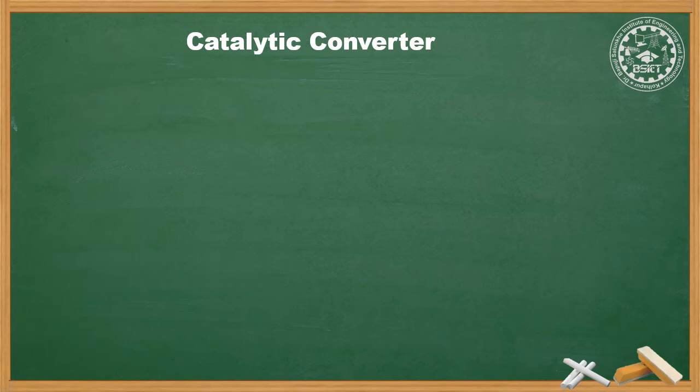There are two types of catalytic converter: a two-way converter, which is used to control only hydrocarbon and carbon monoxide emission by oxidation, and the second is a three-way converter, which controls carbon monoxide, hydrocarbon, as well as NOx.